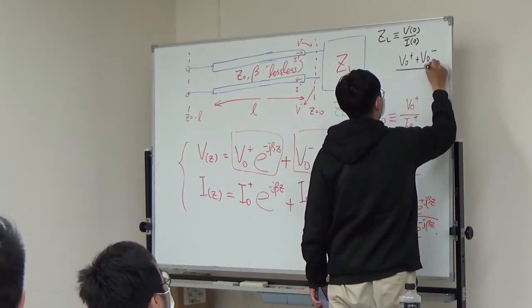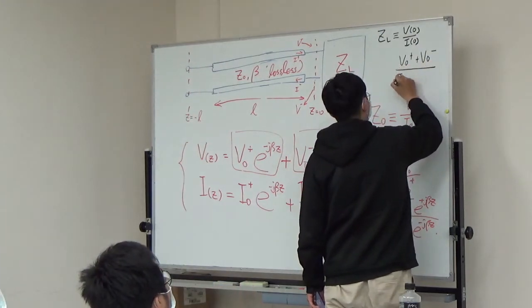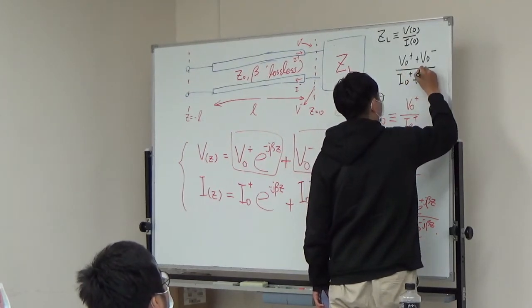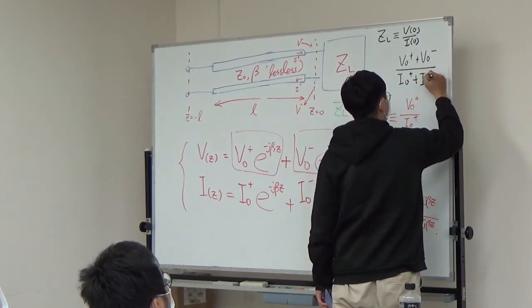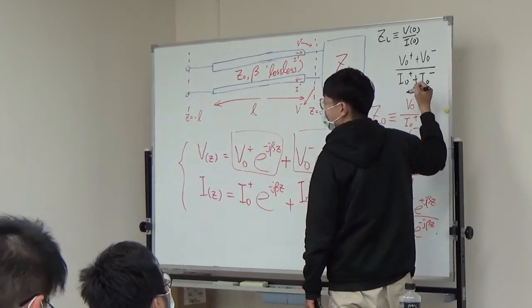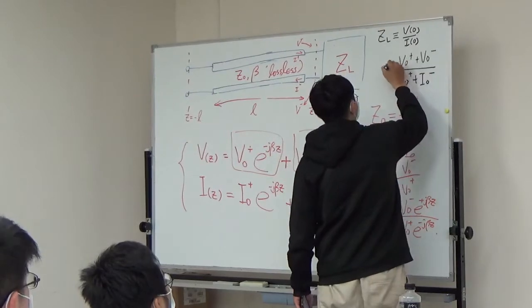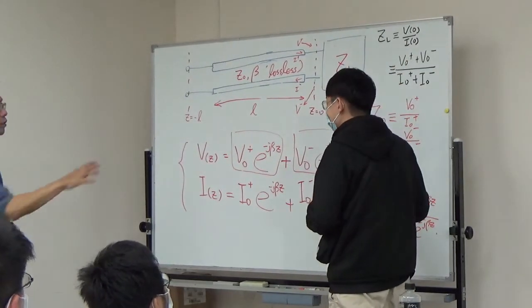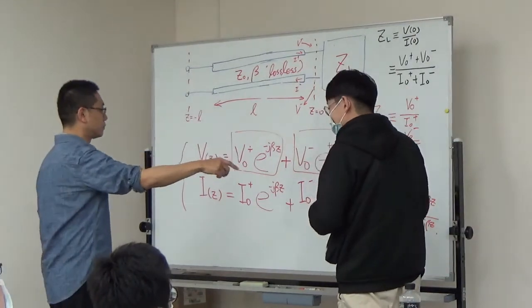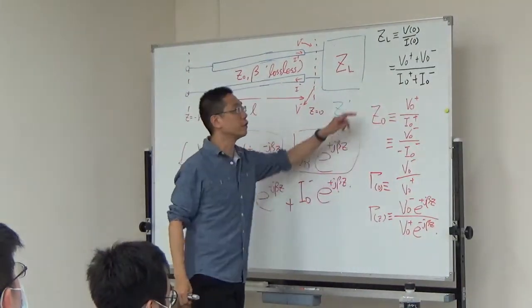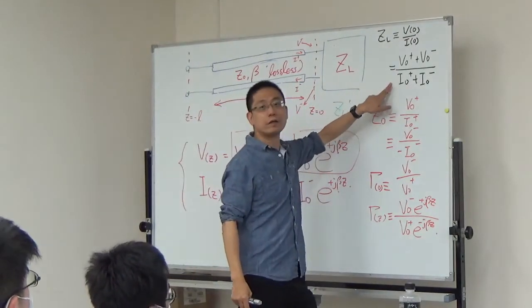What is I0? Just give me an equation mark. Equals to. This is the definition. Okay, good. Very good.